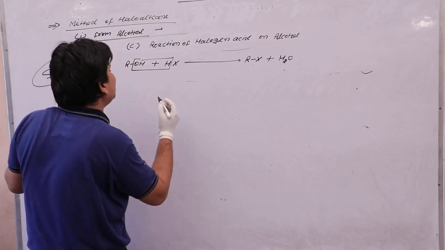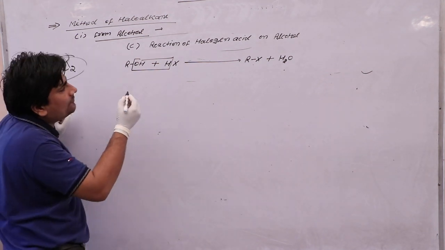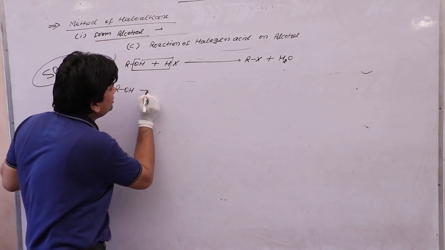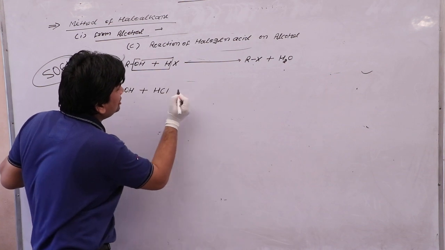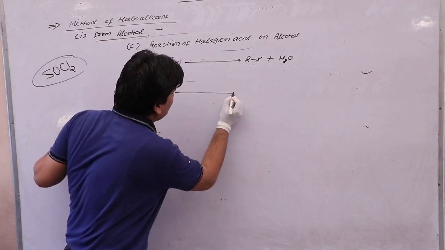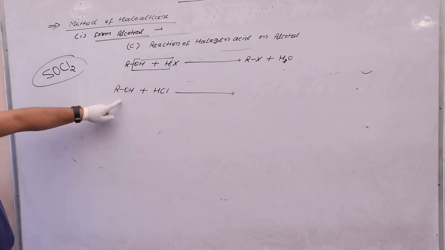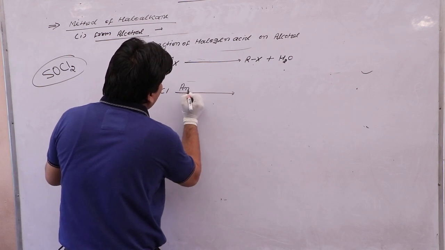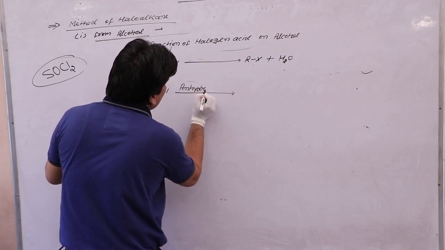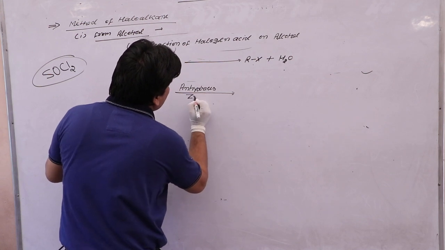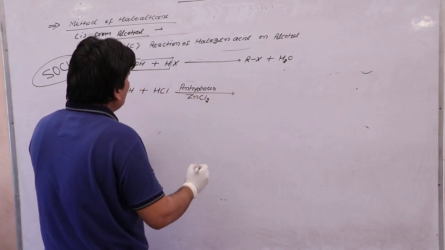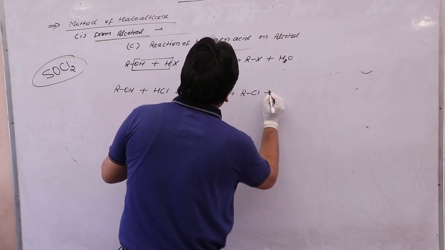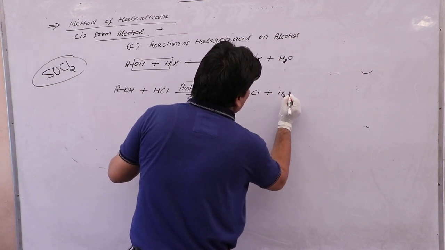First of all, we will see the example of HCl. When ROH reacts with HCl in the presence of anhydrous zinc chloride, it gives alkyl chloride plus H2O.